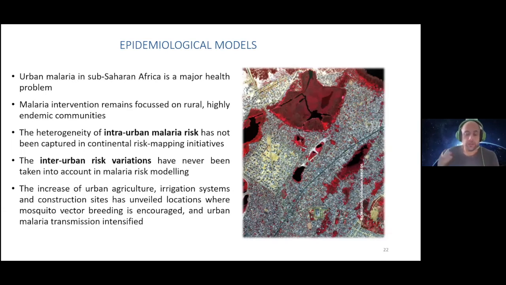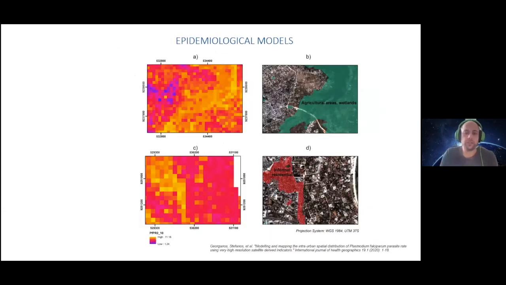So Earth observation, again, and AI, machine learning can help us detect hotspots of malaria, but also understand the factors behind it. Here we have some models that use land cover and land use information that I showed you before at a very high resolution.